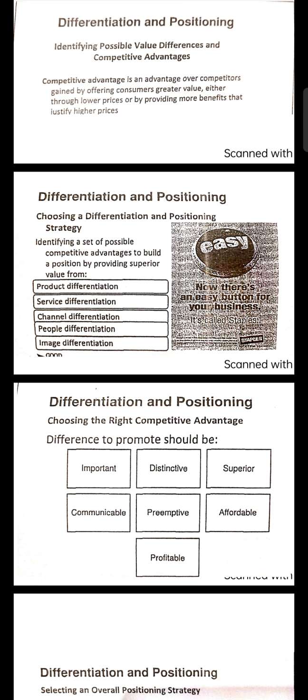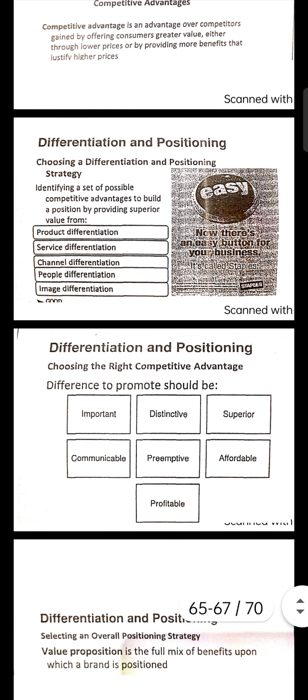Okay, so choosing a differentiation and positioning strategy. Further on, identify a set of possible competitive advantages to build a position by providing superior value. For product differentiation, what's the difference between your product and your competitor's product? Okay, service differentiation, I think, is more practical for the real estate agent. So what is it about your service that is better than the other service providers or other agencies?